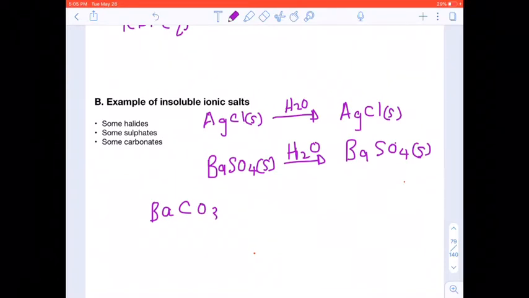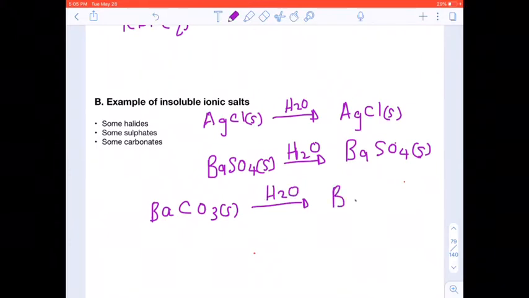Barium carbonate, solid. And if we add it to water, we find that it's insoluble. BaCO3 solid. So these are all insoluble solids. That's an insoluble halide, that's an insoluble sulfate, and that's an insoluble carbonate.